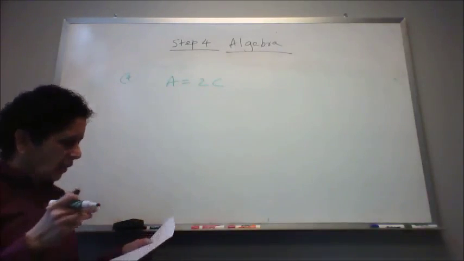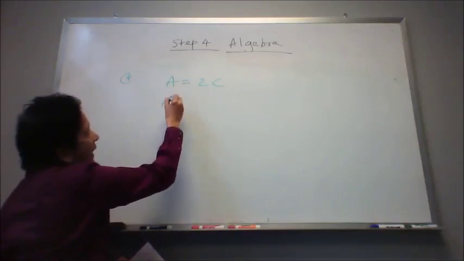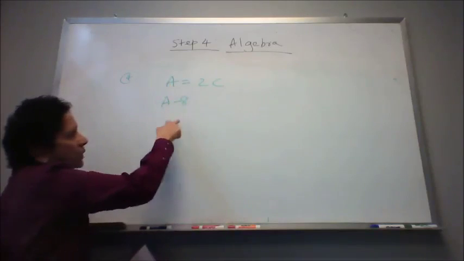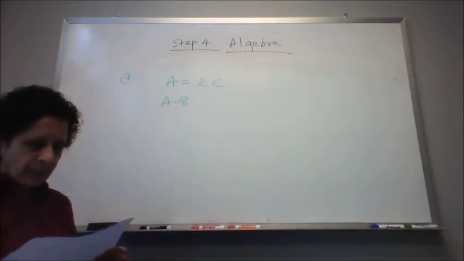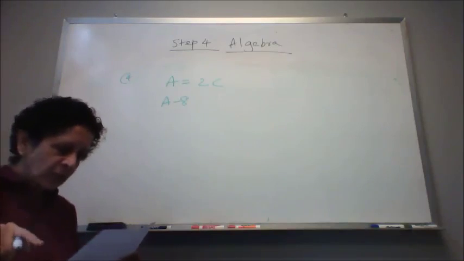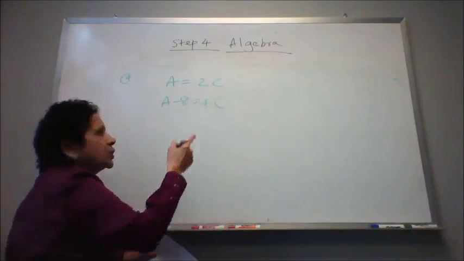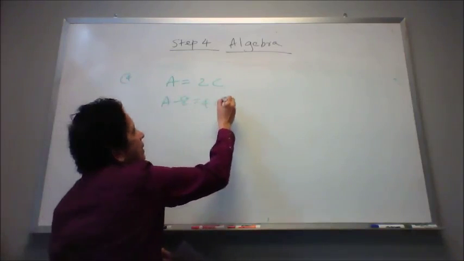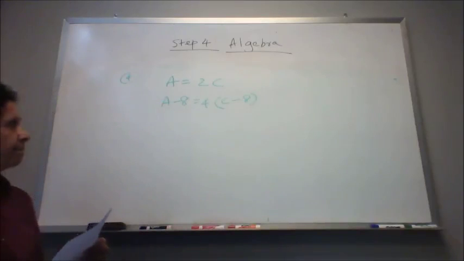So 8 years ago, Anne was A minus 8. So this would have been the age 8 years ago for Anne. Then it says that Anne was 4 times as old as Cindy at that time. So 4 times, Cindy would have been C minus 8 years old at that time, 8 years ago, right? So that's how it is.